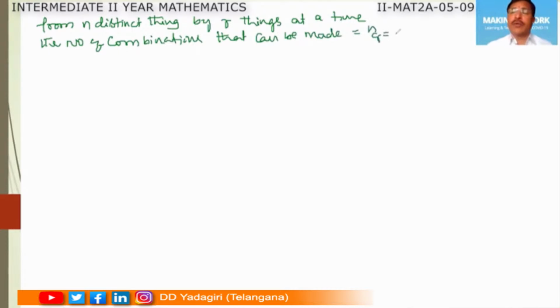So this we proved, the formula is n factorial by r factorial into (n minus r) factorial. So this formula is applied.